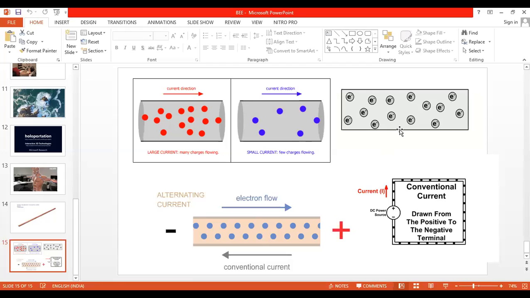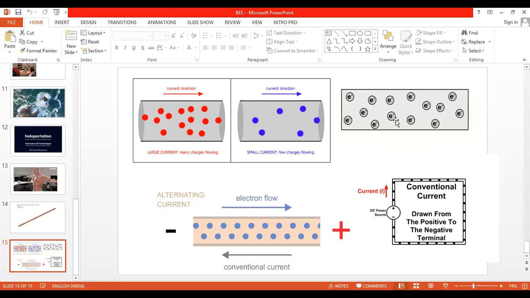If electrons are moving from one place to another place, then we say current flows through the conductor. And if I connect one bulb, the bulb is on. So what is going to happen? Initially, electrons do not have energy to move from one place to another place. Electrons are static.